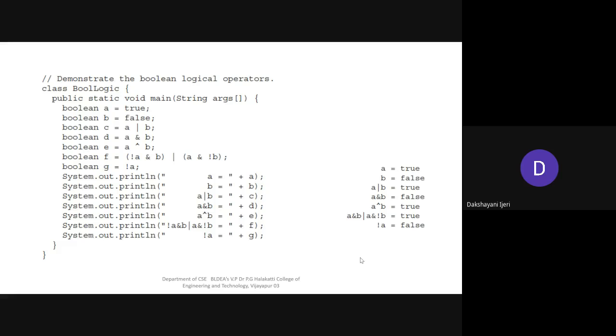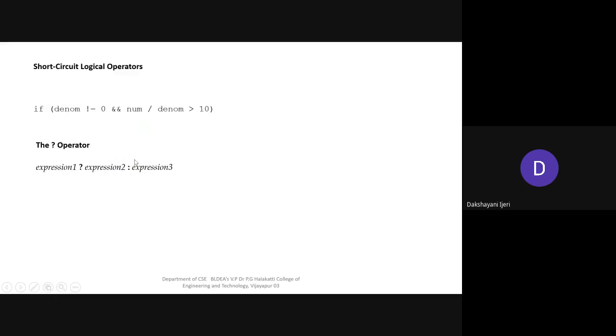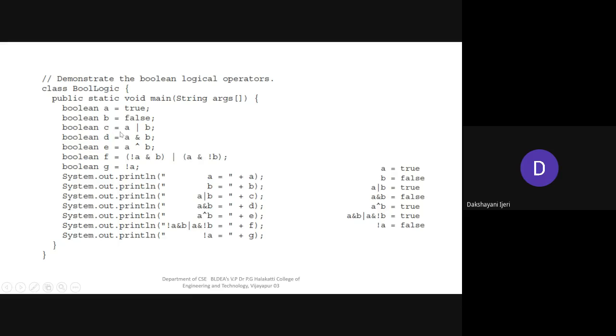In the next step, in the variable C, you have performed A OR B. What will you get as the result of this C? True, right? Which is very simple. In the case of D, what will you get as the result? False, because one of the values is false here. In the case of E, it is exclusive OR. So what will be the result of E?